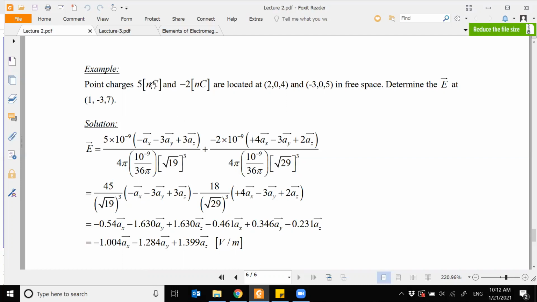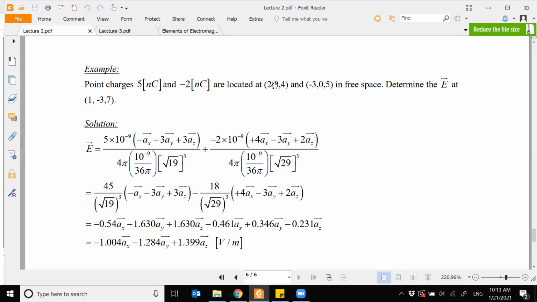So what I'm doing is I'm taking the first charge and I'm finding the position vector, which is R minus the position of my charge 5. So this is (1, -3, 7), which is my R, minus the position of my 5 nanocoulomb charge.